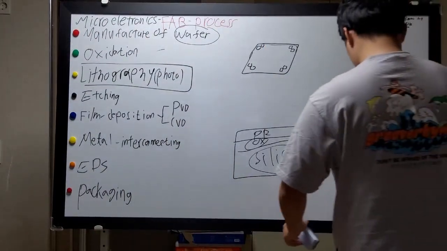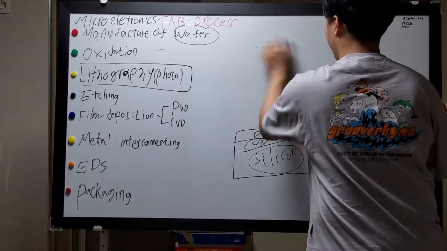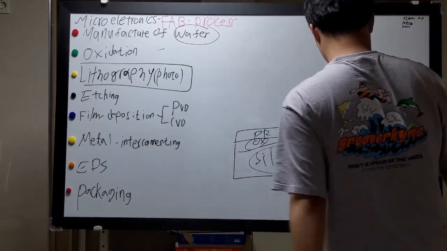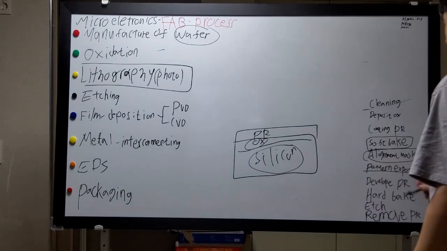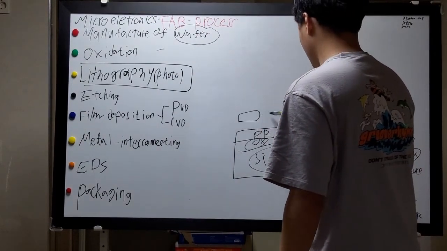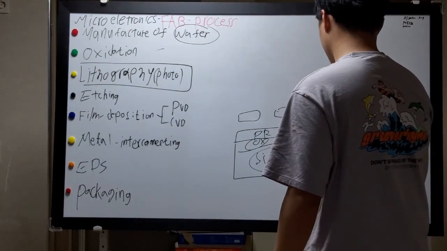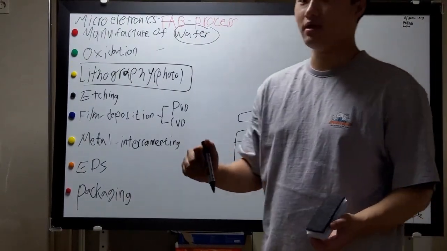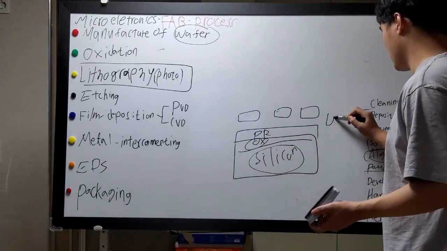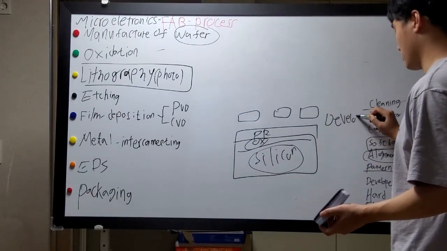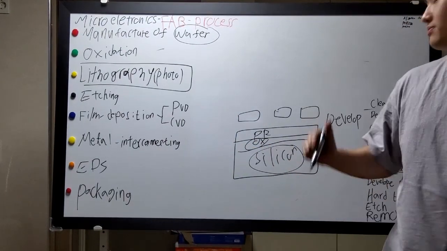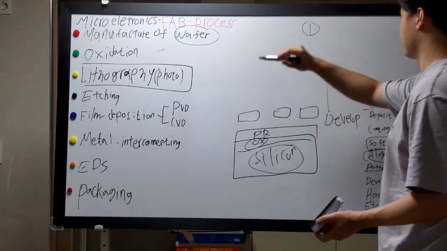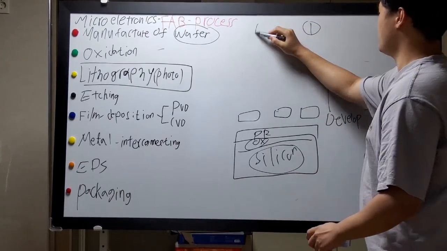Okay, so let's see. Pattern exposure. When developing in lithography, there are two types. First, the positive way.